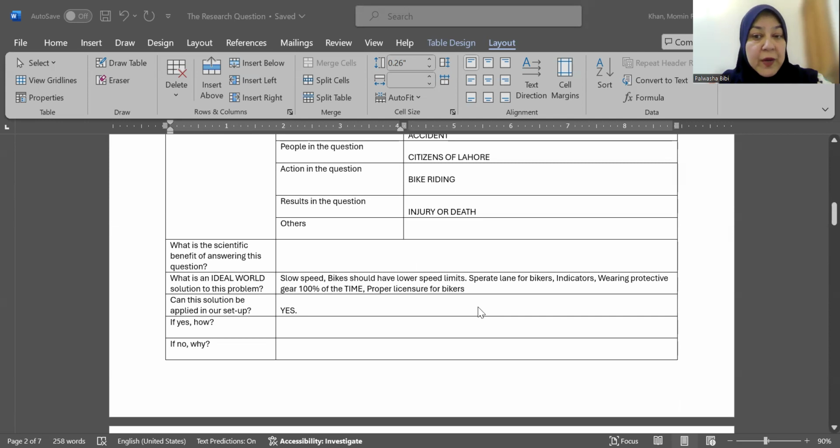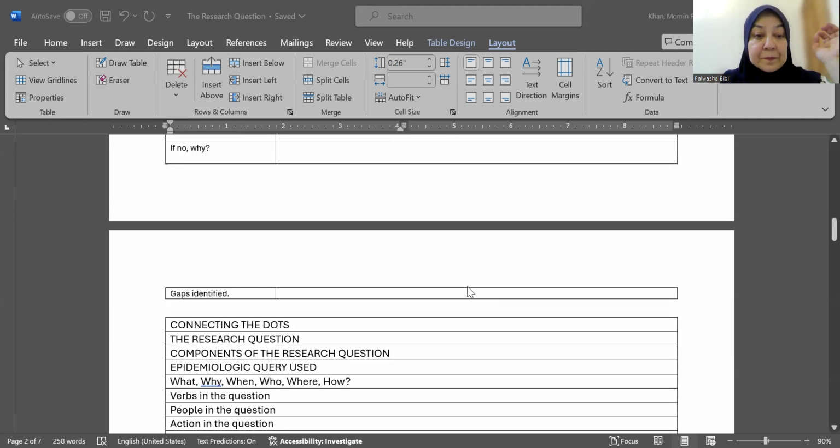All of you brainstormed and gave a lot of ideal world solutions. We discovered that we had identified several research knowledge gaps that we could subject to scientific inquiry and do effective research that was beneficial to citizens of Pakistan as well as to the general body of research on this subject.